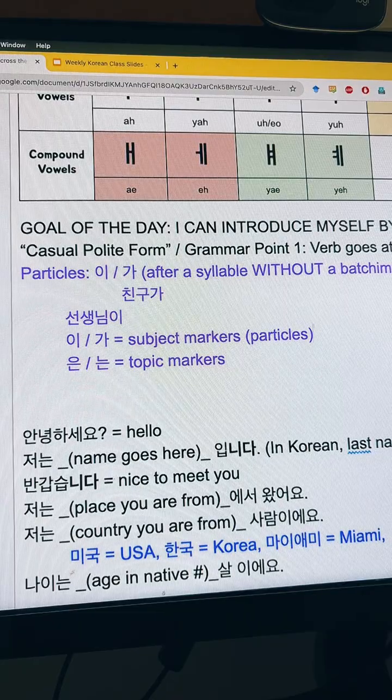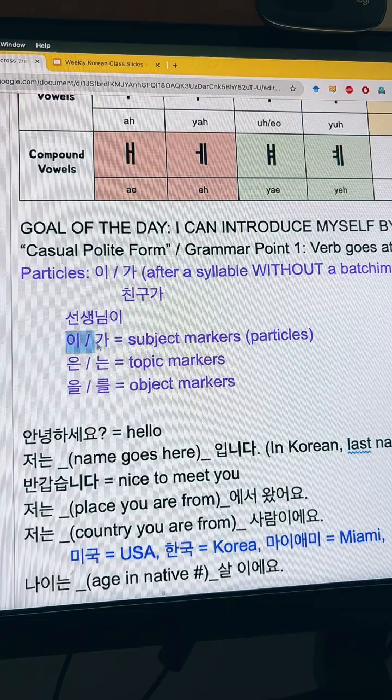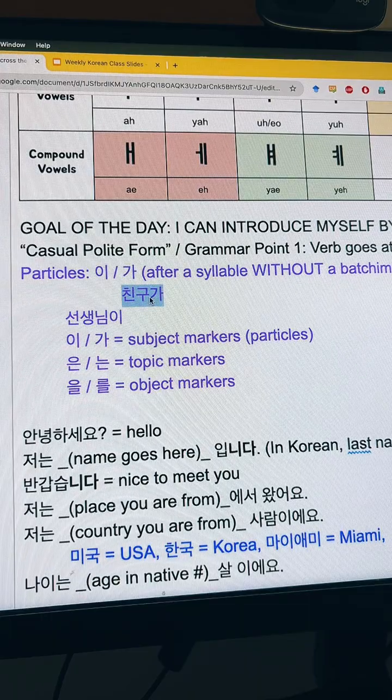They're basically the same word. There's also 을, which is the object marker. So 이/가 is the subject. When you want to emphasize the main subject of the sentence, you use 이. So let's say you need to emphasize, oh, it was my friend who met with me. Then you say, 친구가 만났어요. Kind of like that. Okay?